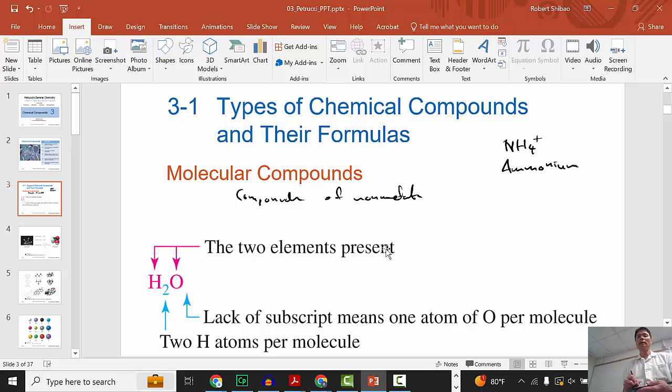This is ammonium ion. You need to memorize that. And so we could have something like ammonium chloride. Ammonium chloride is molecular or ionic? It's ionic. It's ionic because it consists of the ammonium cation with the chloride anion.